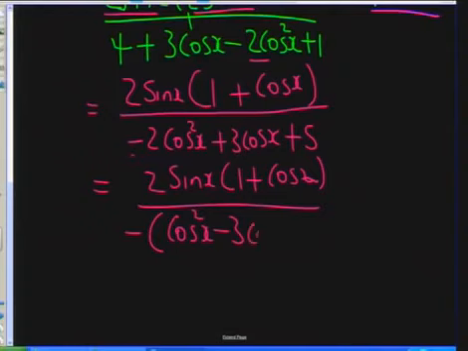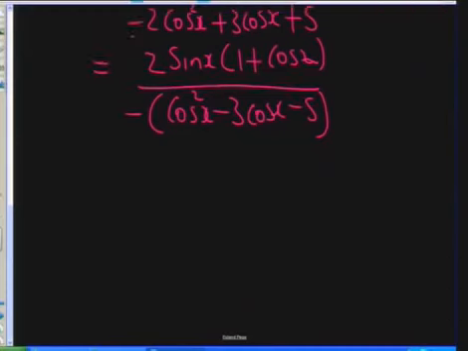Great. Then I can factorize this. How can I factorize it? Let's look at the factors of it. So this is 2 there. Try to find the factors of 2 and the factors of 5, such a way they add up to get 3.